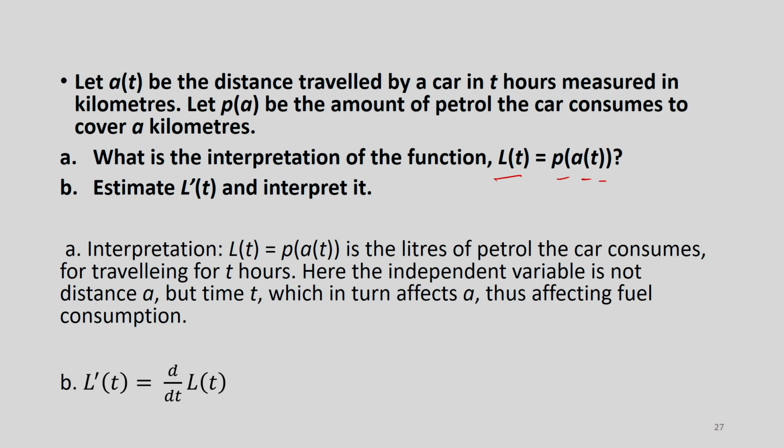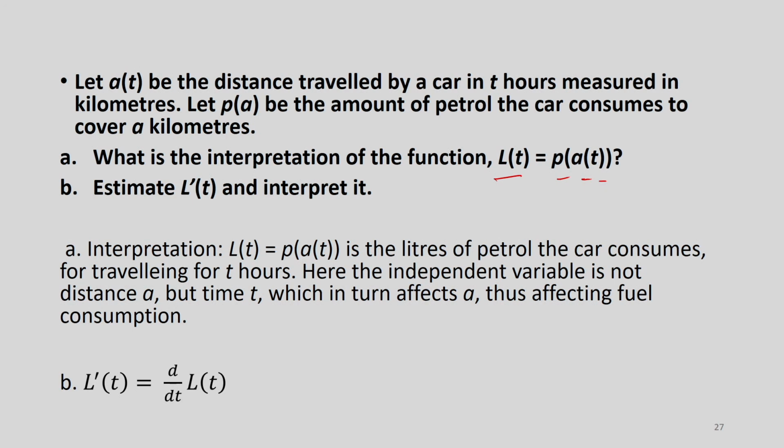So, this is the question. Let us try to understand it. Two functions are given. A is the distance, in kilometers, and it is a function of t. How much time is spent traveling affects the amount of distance covered, and that distance is given by A. On the other hand, if you are covering more distance, the petrol consumed also rises.